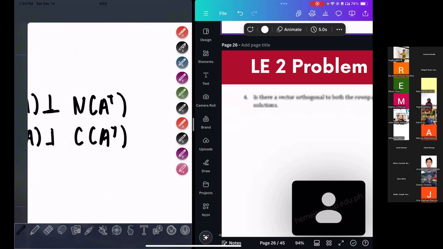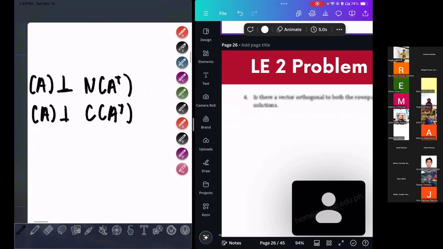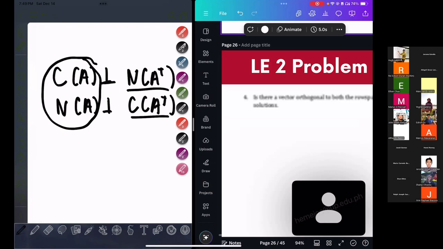That means na instead of checking if a vector is perpendicular to both, so if a vector is perpendicular to the left null space and the row space, it has to be both in the column space and the null space. So effectively, an easier version of the question that literally gives us the same answer is: find a vector that is in the column space and the null space.